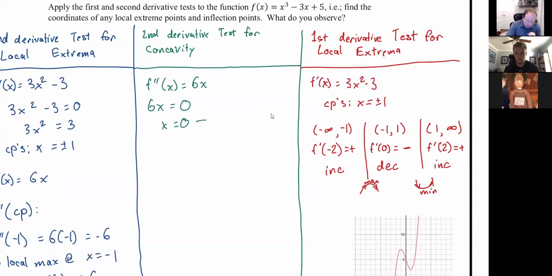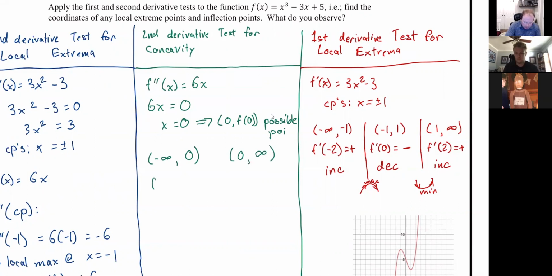And this means that 0, f of 0 is a possible point of inflection. It's not an actual point of inflection until we guarantee that concavity changes. So to see that the concavity changes, let's consider the domain in two pieces based off of x equals 0. So negative infinity to 0 and 0 to infinity.